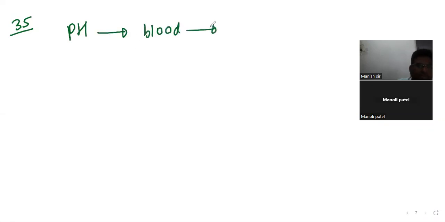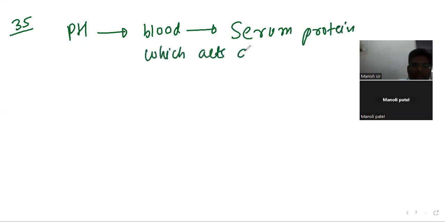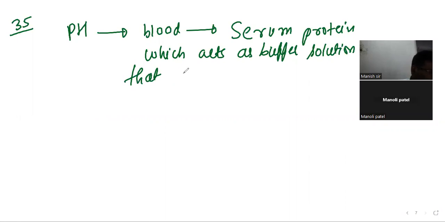So in blood there is serum protein which acts as a buffer solution that restricts the change in pH of blood.